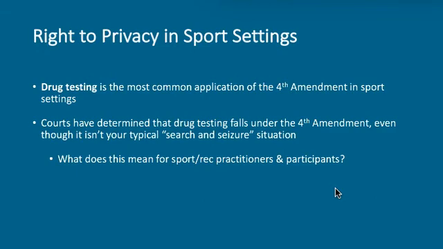And then on the other hand, they're trying to weigh individuals' rights and their personal freedoms, in this case, this idea of privacy protection. So the courts have to weigh these two things, and ultimately what they're looking for from a sport or rec organization is that they can justify having these policies in place.